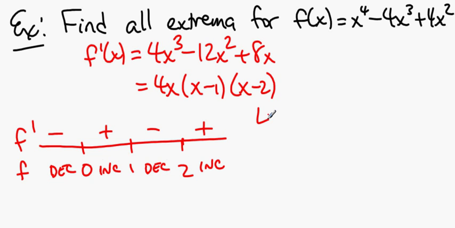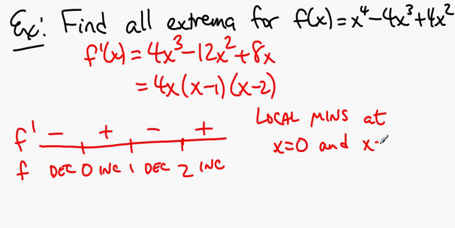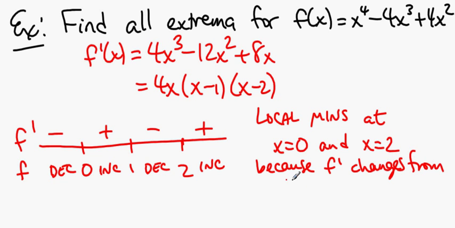So if I'm looking for local mins, I've got local mins at x equals 0 and x equals 2. Why? Because f prime changes from negative to positive there.